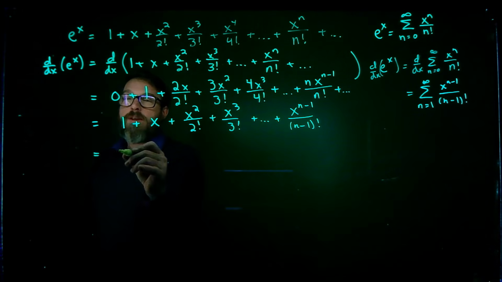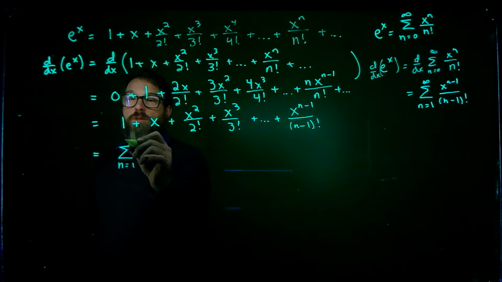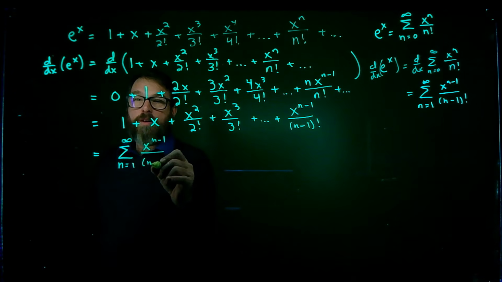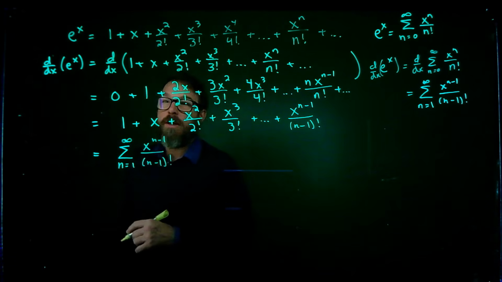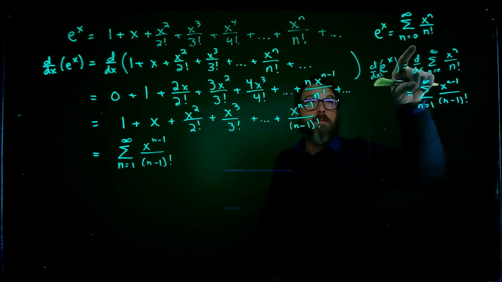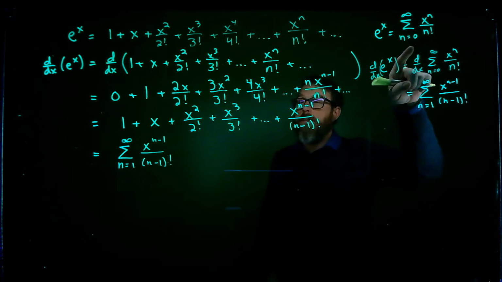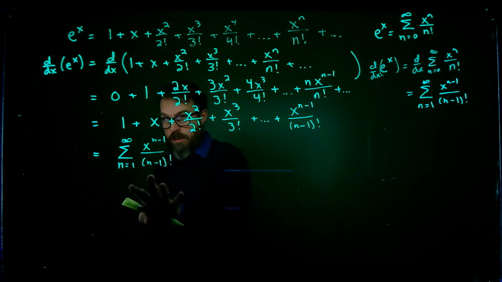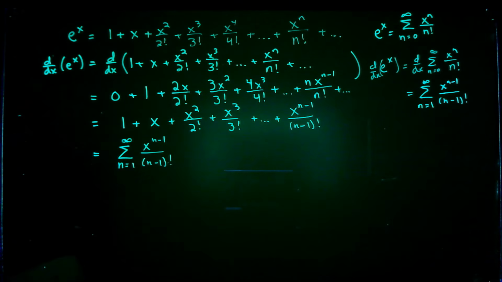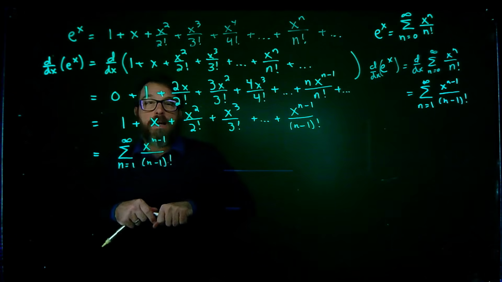So one way we can write this is the summation from n is equal to 1 to infinity of x to the n minus 1 all over n minus 1 factorial. Now, it doesn't look exactly like this, but it's pretty close. So I'm going to re-index this so that it looks exactly the same.